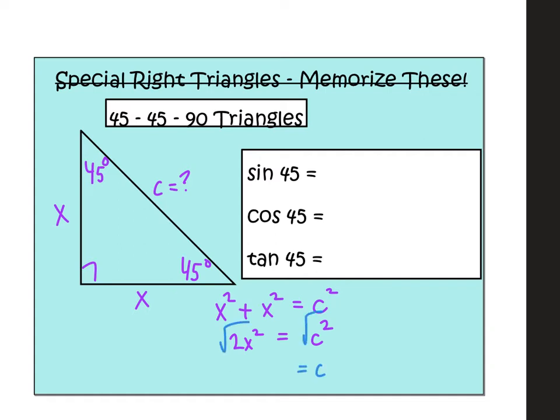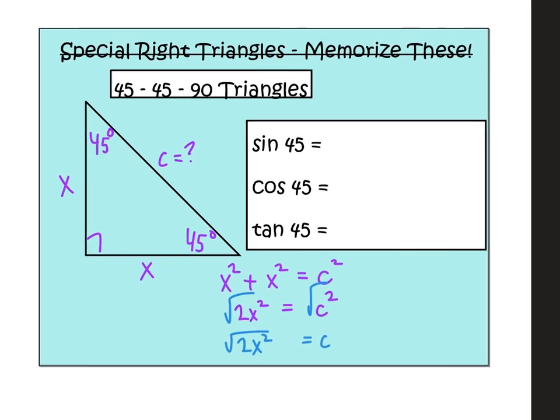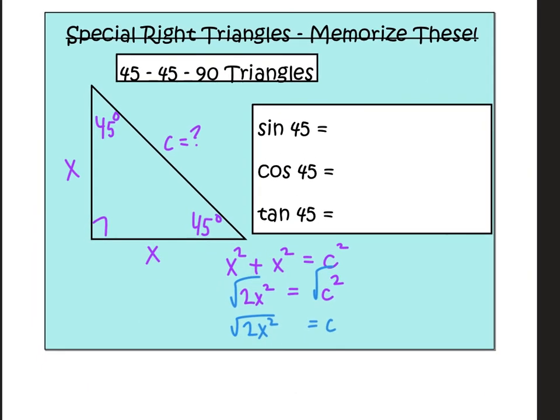C is going to equal the square root of 2x squared, which just like before, we can simplify. We can separate it: the square root of x squared times the square root of 2. And the square root of x squared, of course, is just x. So it's going to be x times the square root of 2. That's going to be the length of the hypotenuse.